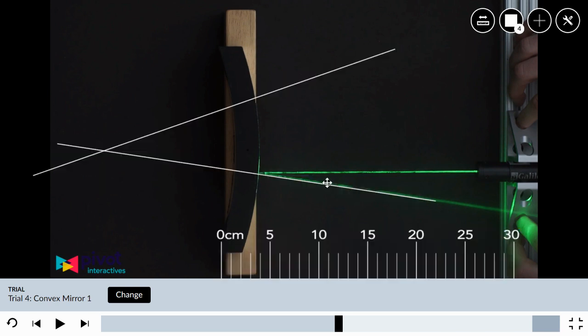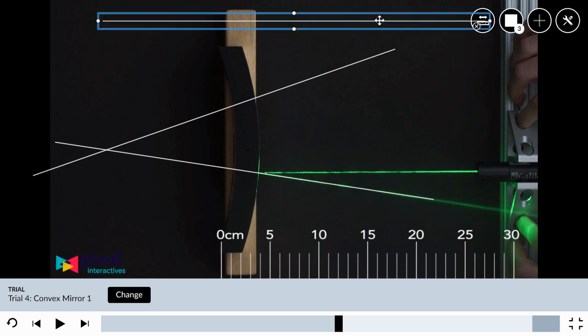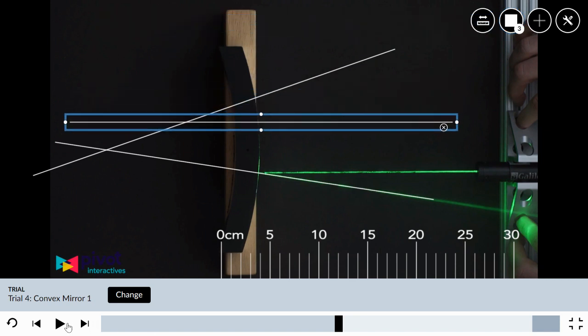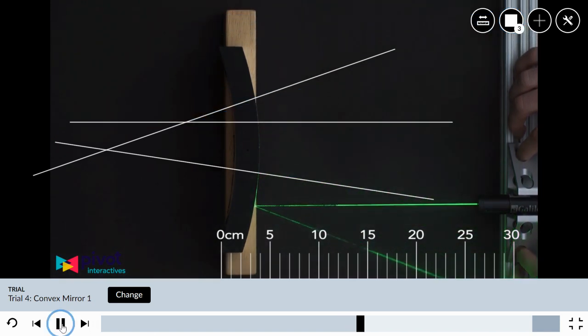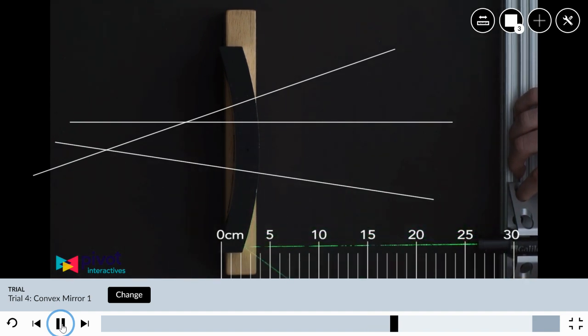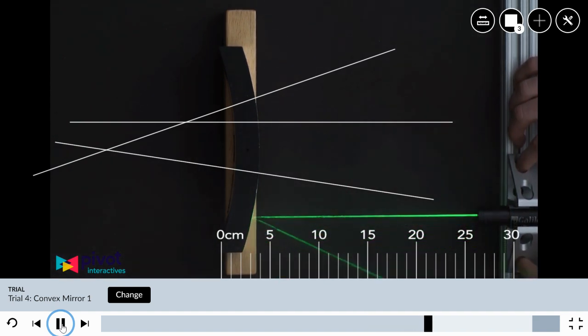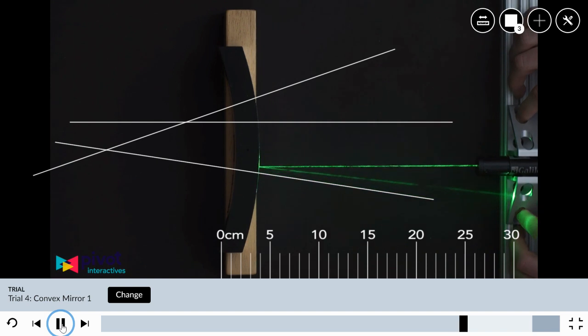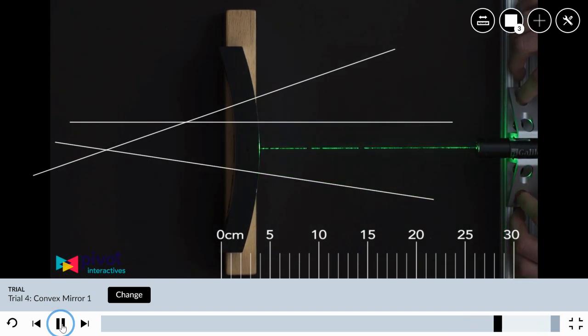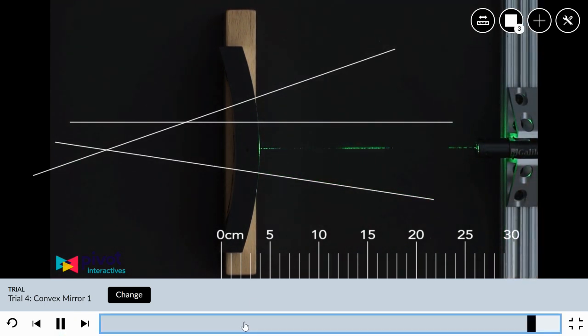Whoa, what? Oh, of course. That's not helpful.